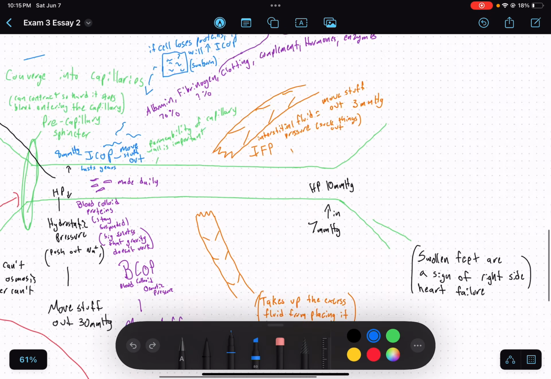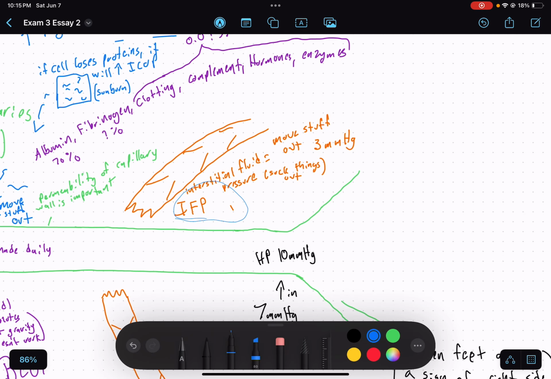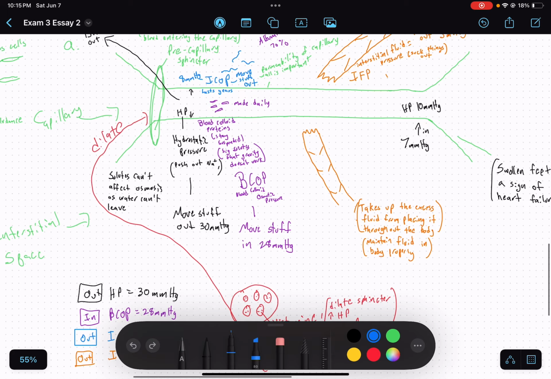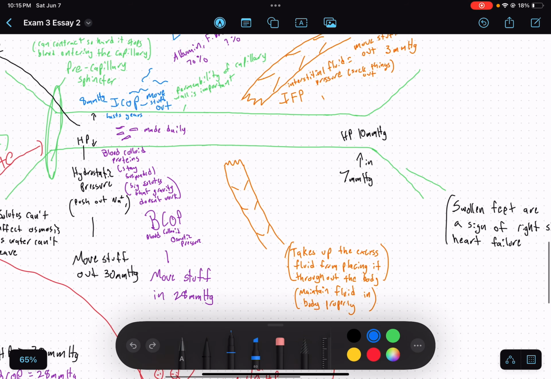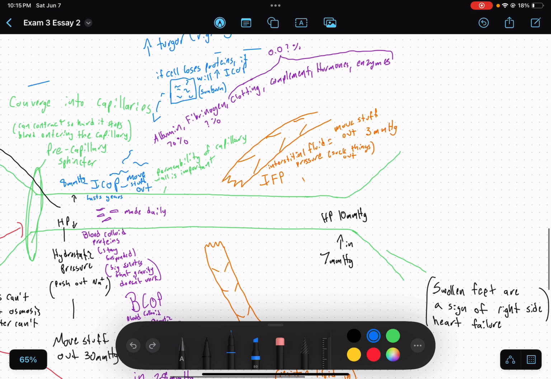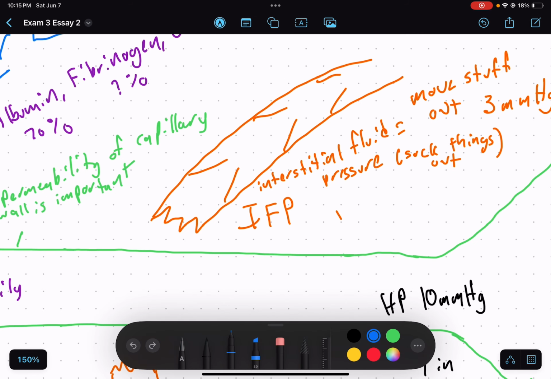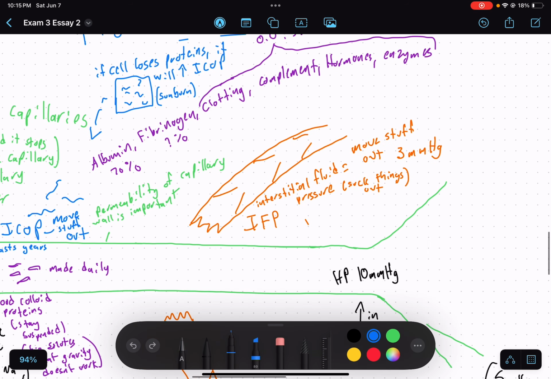Then we have our IFP, which is going to move fluid out, but it's not going to move fluid out by normal means. We have these lymph vessels, and these lymph vessels are going to basically create a vacuum pressure that's going to move fluid out just due to the vacuum pressure itself.